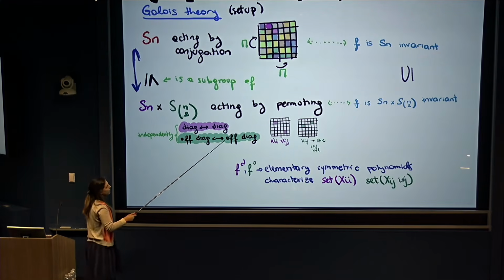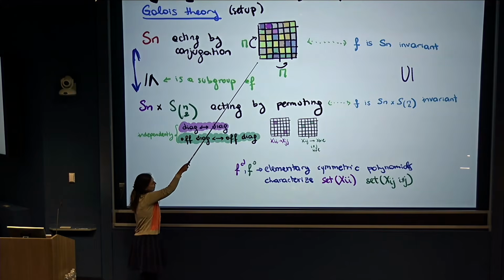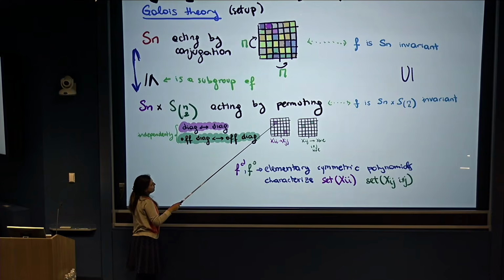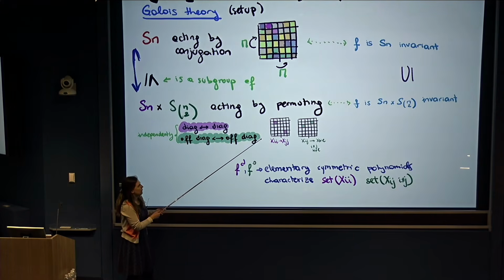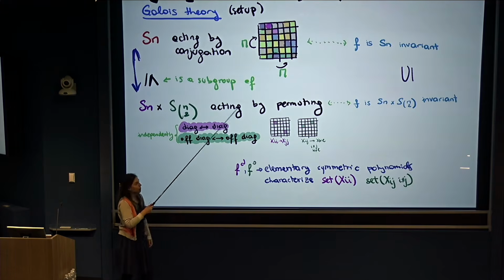If I have a permutation that permutes rows and columns, then it will send something on the diagonal to the diagonal and something on the off-diagonal to the off-diagonal. But not every transformation that you can write in this form comes from one of these permutations. So this is a subgroup.